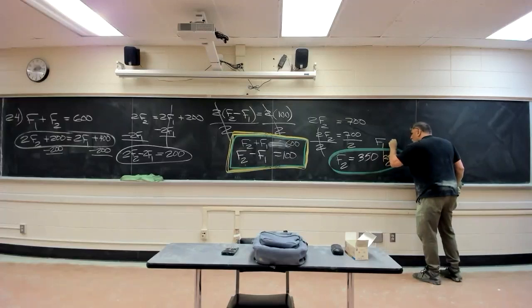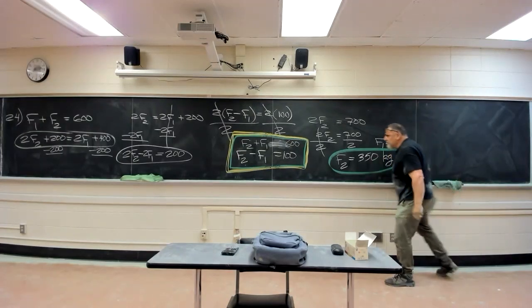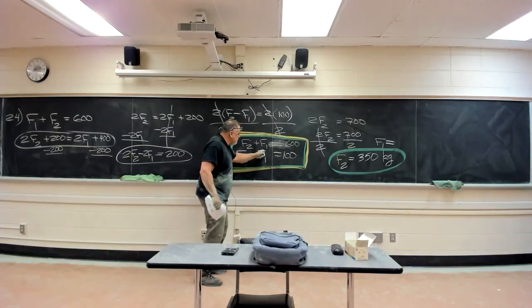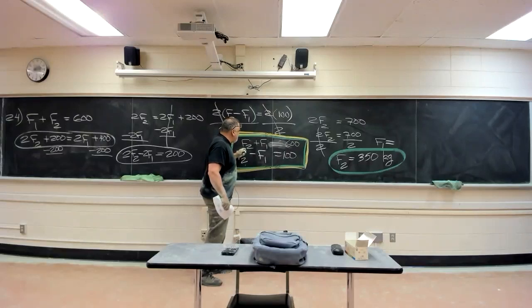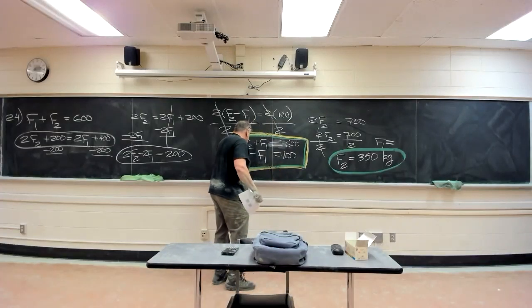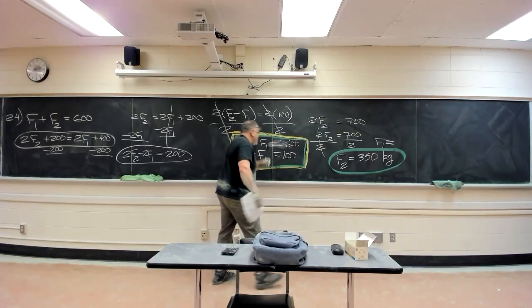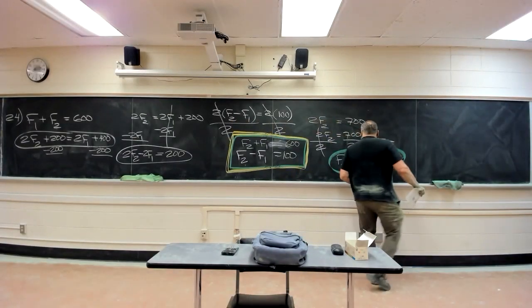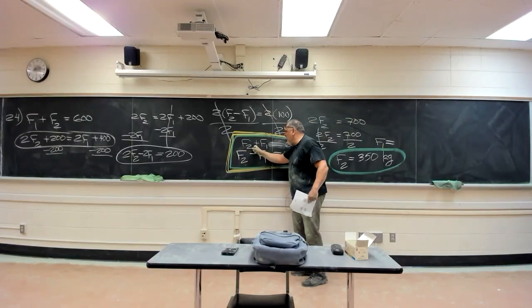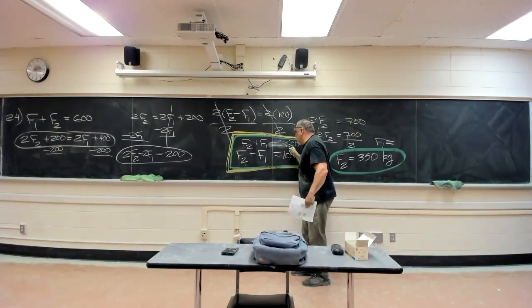F1, we know that if you take F1 and F2 and add them together, you get 600. Right here. F1 plus F2 gives you 600. If F2 is 350, 350 plus 250 gives me 600. Just subtract 350 on each side. Everybody sees that now, right? I mean, it's basically F2 plus F1 equals 600.